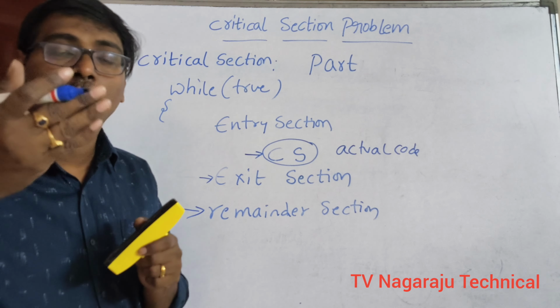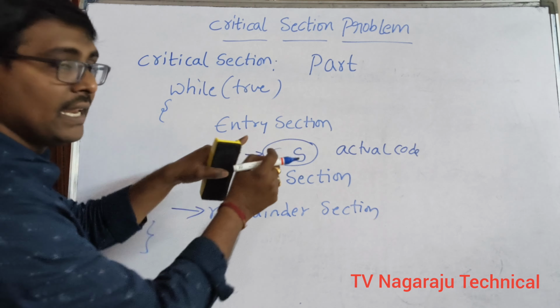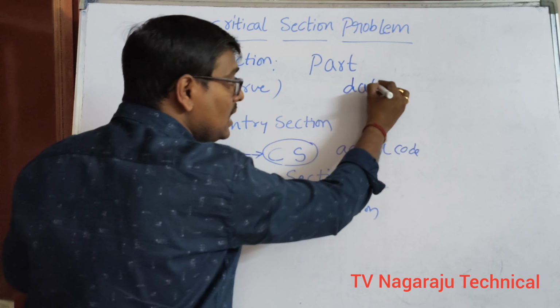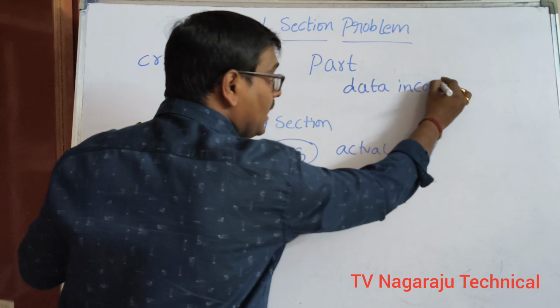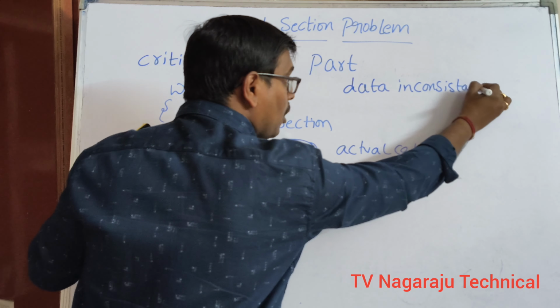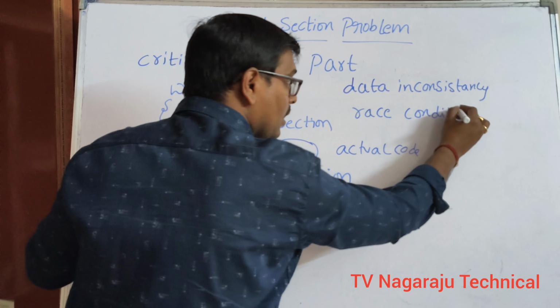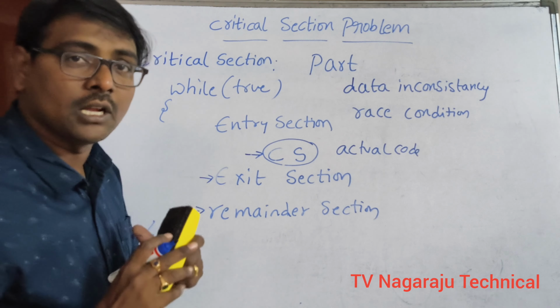Suppose more than one process accesses the critical section at the same time, what happens? Obviously it leads to a data inconsistency problem and a race condition problem. For simplicity, I will give you one example.